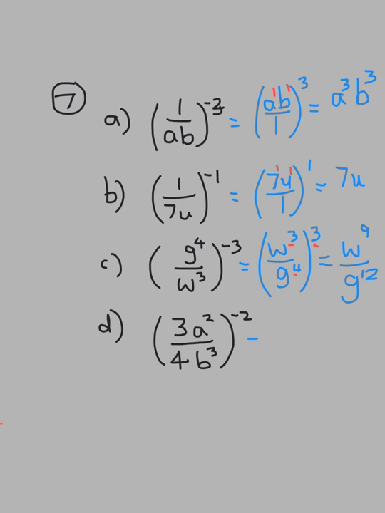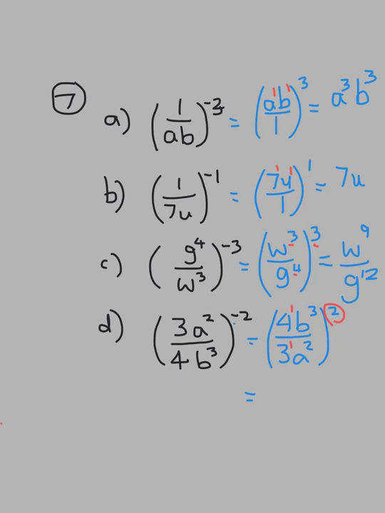Last question here, let's flip the fraction first because we've got a negative power, so it gives me 4b cubed over 3a squared, and then to the positive power. Now what you notice is again on this 4 we've got an invisible 1, and on the 3 we've got an invisible 1. So now the 2 that's outside will multiply by every power.